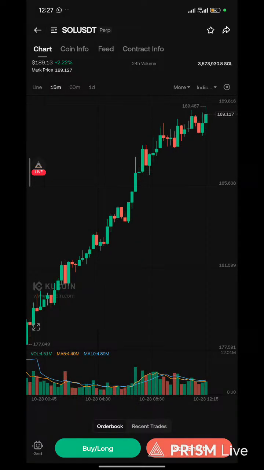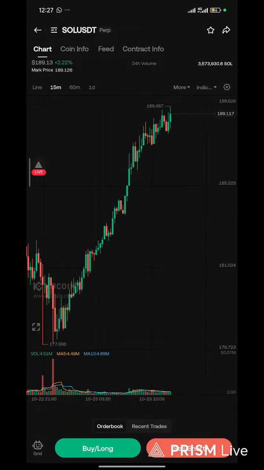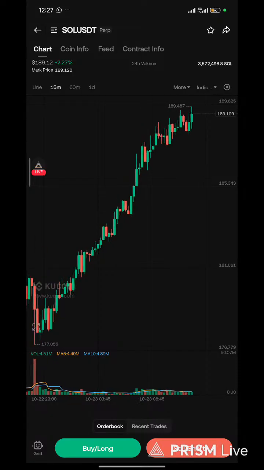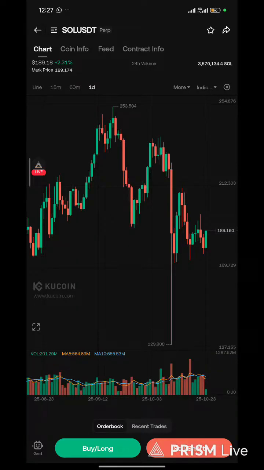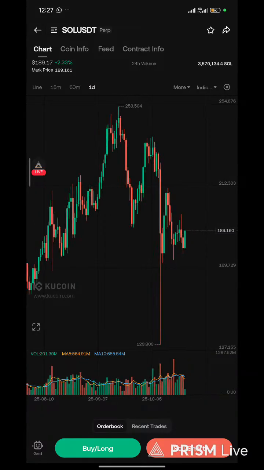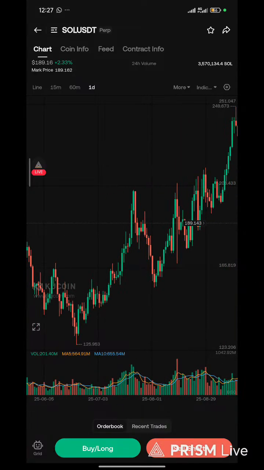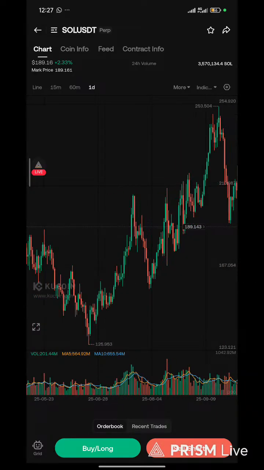The 15 minutes time frame is where you check the chart to enter your trade. But for you to be able to do your analysis well, sometimes I guess 1 day is okay. From here you'll be able to know the pattern in which the market is going.